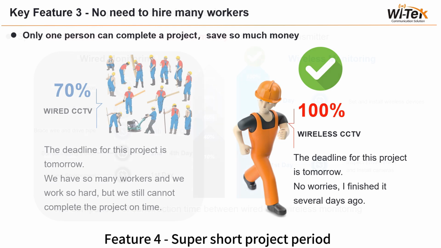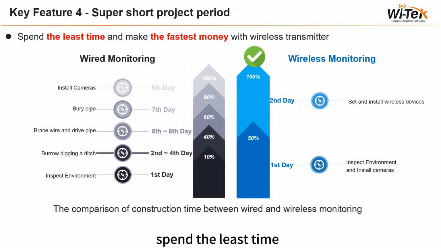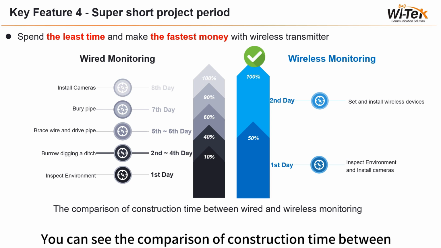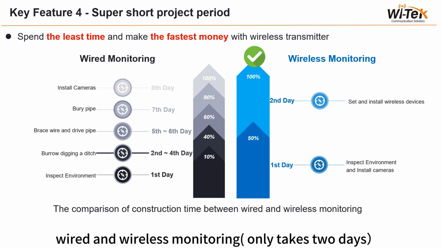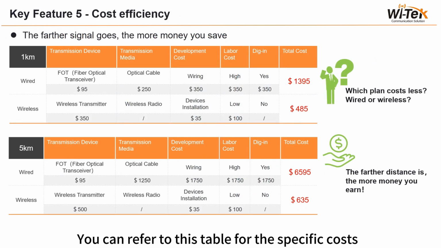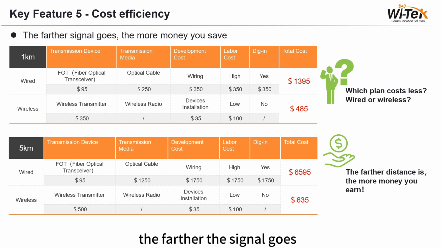Feature 4, super short project period, spend the least time, and make the fastest money with a wireless transmitter. You can see the comparison of construction time between wired and wireless monitoring, only takes 2 days. Feature 5, cost efficiency. You can refer to this table for the specific costs. In general, the farther the signal goes, the more money you save.